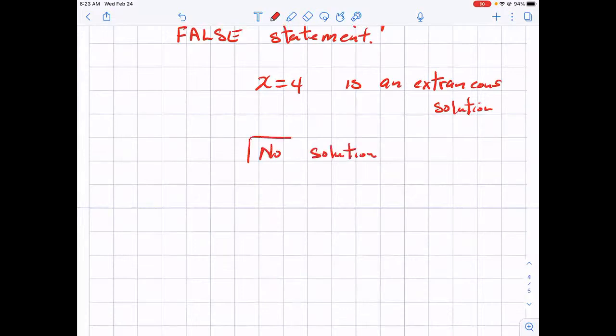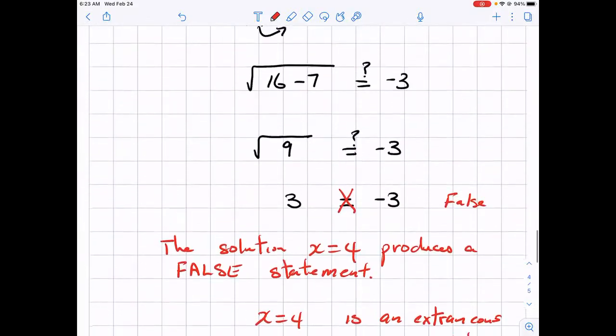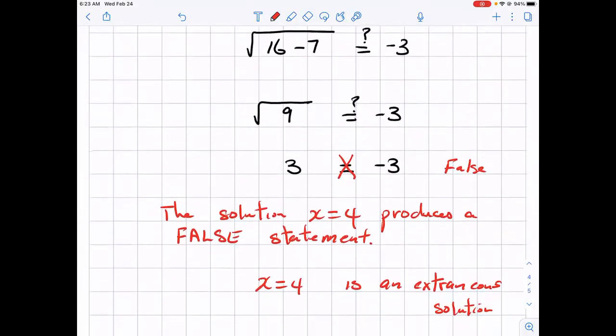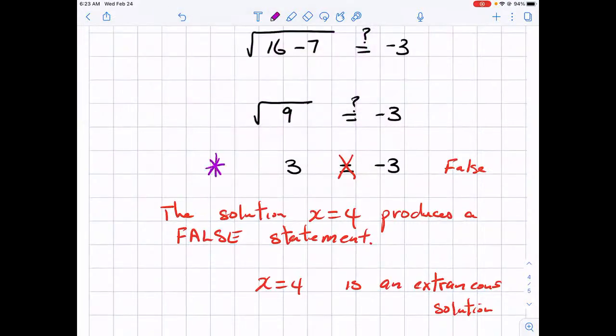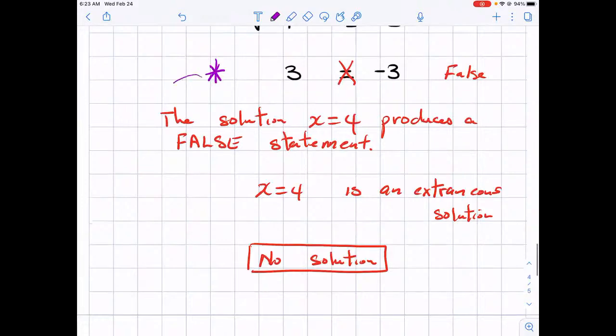Our conclusion is no solution. So once you see it doesn't satisfy from here, okay, this is the important step here. We already know that it goes to this. Yeah, it does not satisfy it. There is no solution to this.